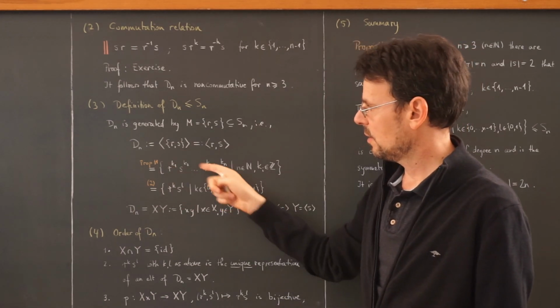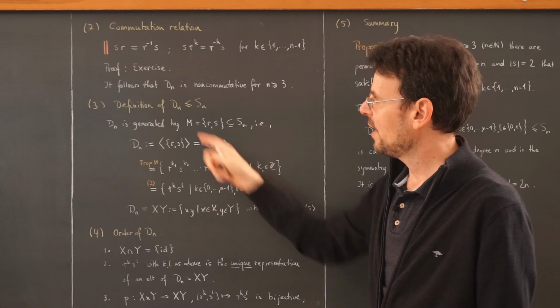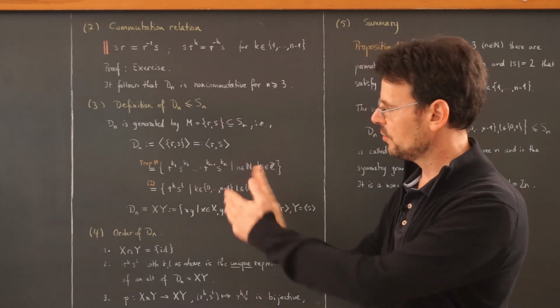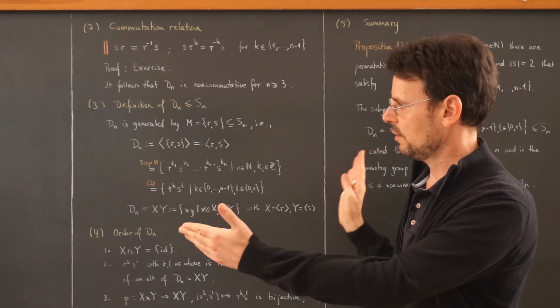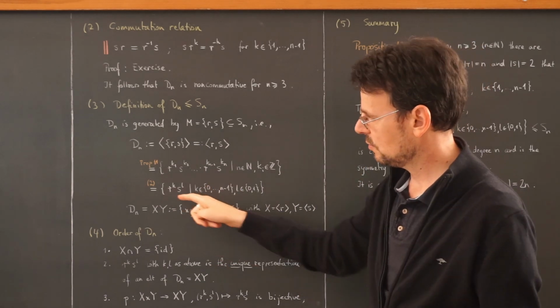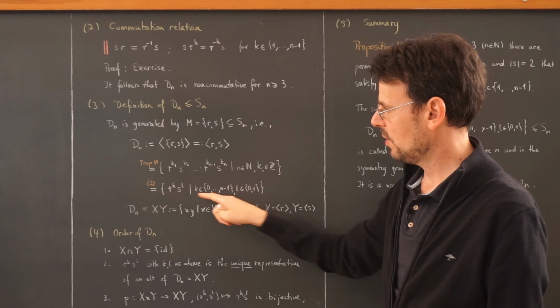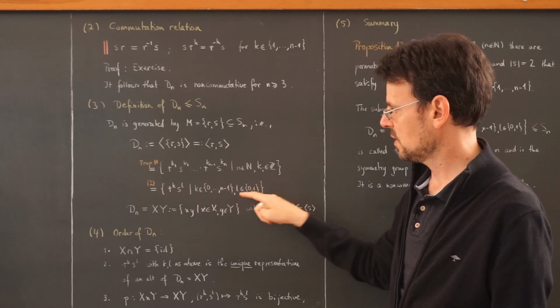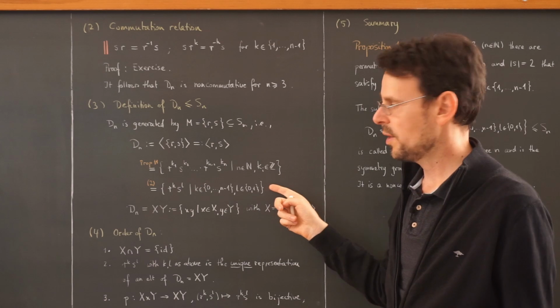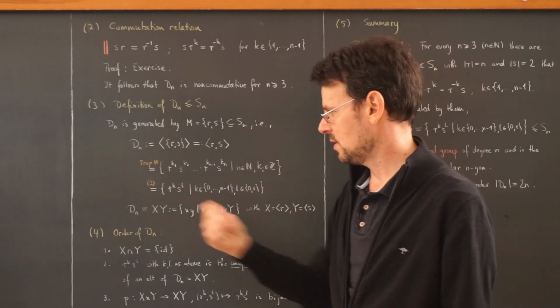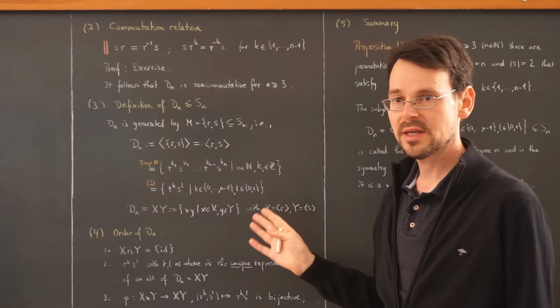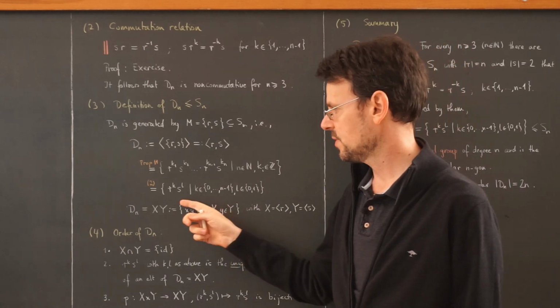So those are the words. And now using this here, all those words of any length can be collapsed to those expressions here, R to the K, S to the L, where K runs through these numbers and L is simply 0 or 1, because S squared already is the identity again. As I've said, you do the details on the problem set.